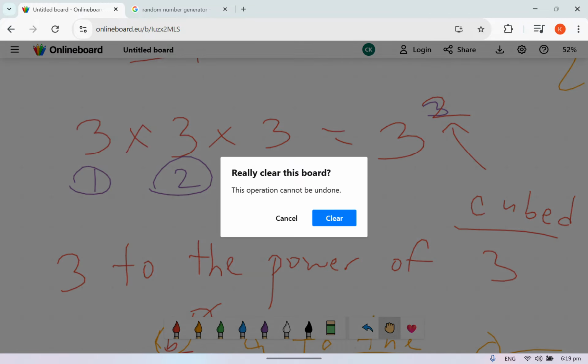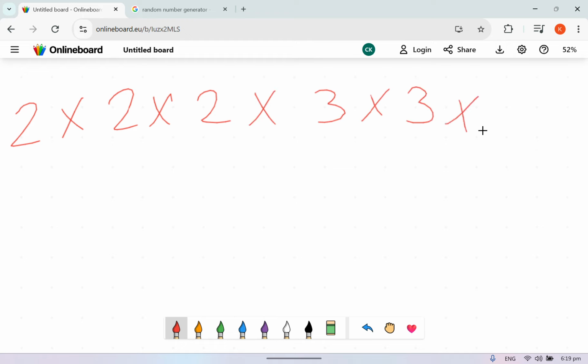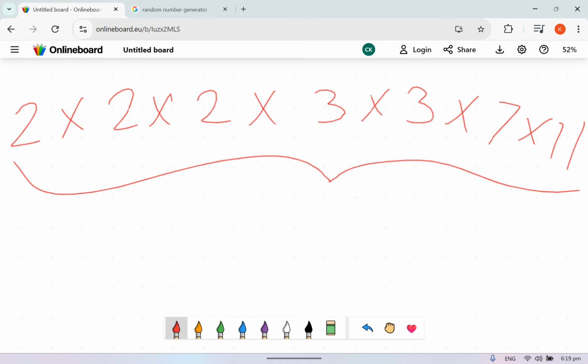Now that you know what exponents are, when you get your answer, for example, this is my answer to the question, like after I finish prime factorizing, you don't express it this way. You do what I told you: exponents.